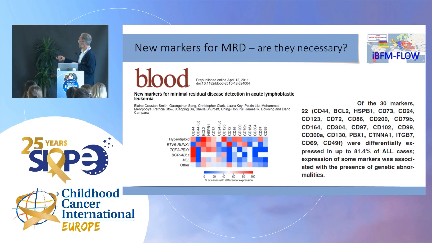What you definitely can see is that some of the markers which are used nowadays for MRD assessment correlate with the genetic subtype. So again, you can use them at diagnosis to inform about genetic subtype, like for example CD86 or CD72. But you also can use them in MRD as the markers, especially correlating with certain genetic subtypes. So what we do is we trigger the MRD light markers based on the initial findings and on the genetic background.